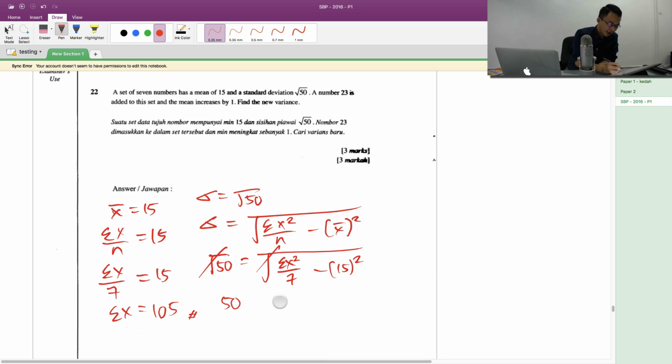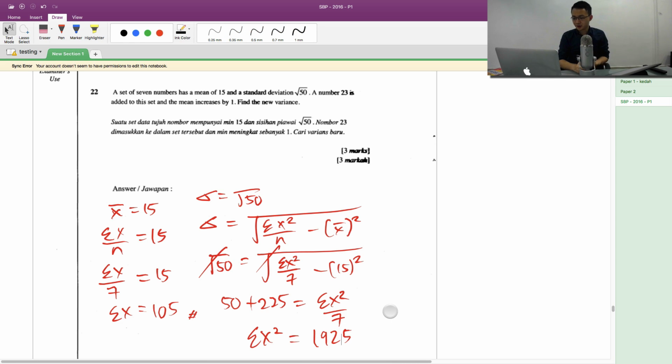So 50, I move the minus 15 squared to the other side, so it becomes plus 15 squared. Plus 225 equals sum of x squared over 7. So sum of x squared is basically 50 plus 225, multiplied by 7. So you get 1925.